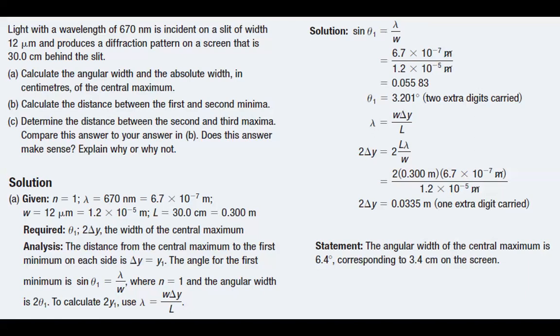The angle for the first minimum is sine theta 1 equals lambda over W, where n equals 1, and the angular width is 2 theta 1. So to calculate 2y1, we can use lambda equals W delta y over L. We can directly use the formula here. So first of all, sine theta 1 equals lambda over W. This gives us sine theta 1 is 0.05583. So theta 1 is approximately 3.201 degrees.